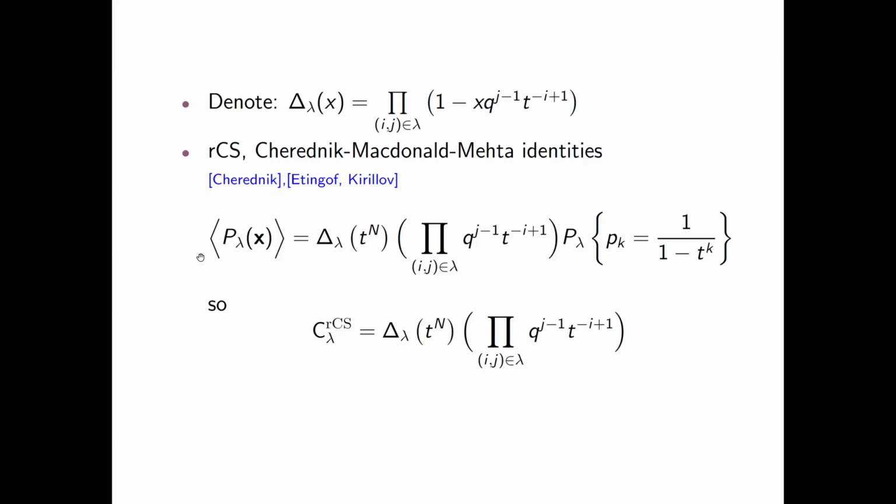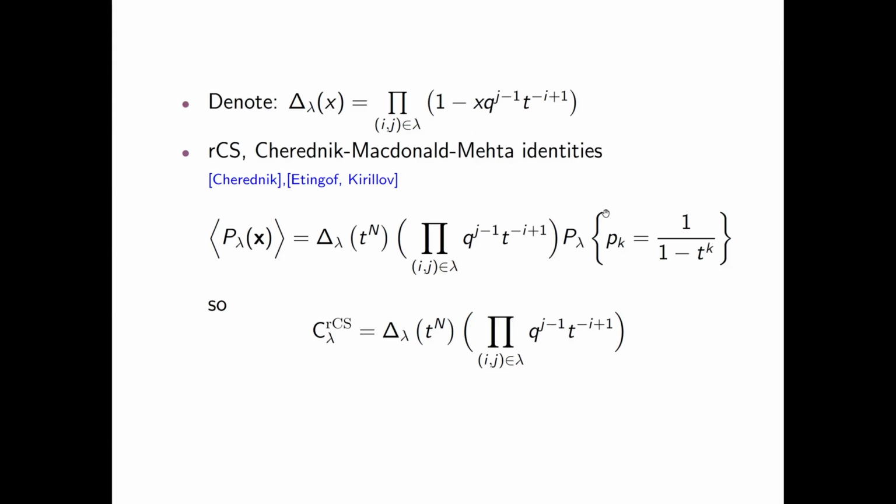And so for the refined Chern-Simons model, the expectation value of Macdonald polynomials has an exact form, and this is actually known as the Cherednik-Macdonald-Mehta identities, which were studied, obviously, by Macdonald and Mehta, but also specifically by Cherednik, and then by Etingof and Kirillov.